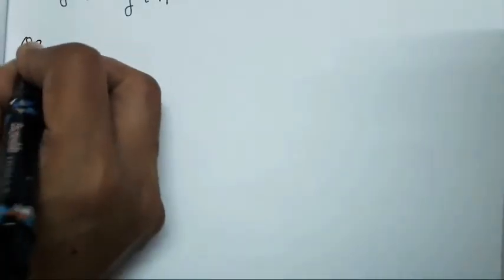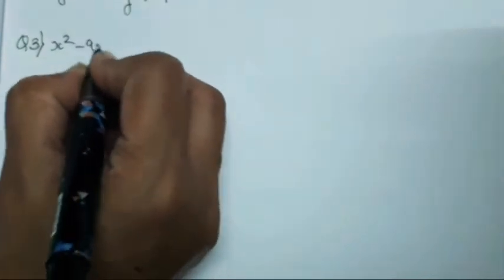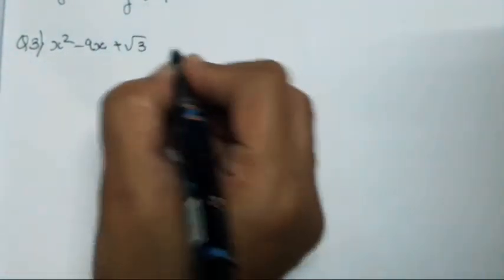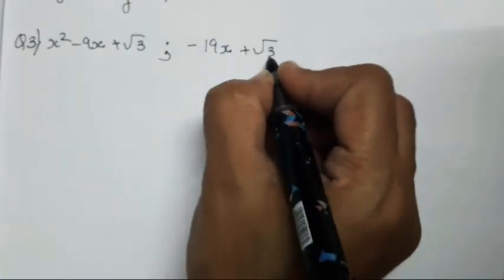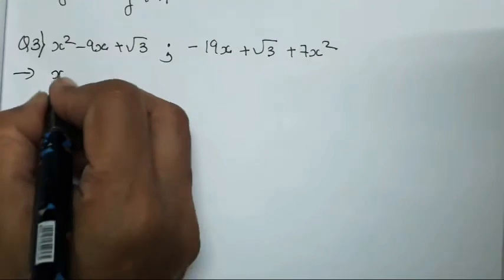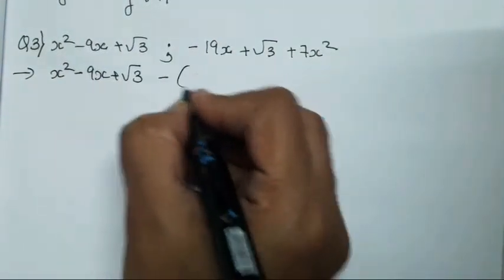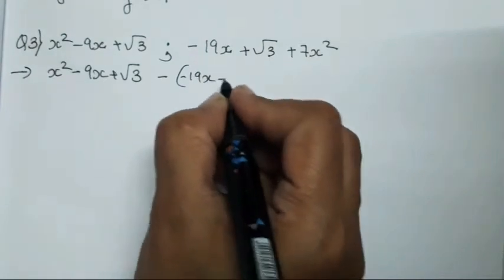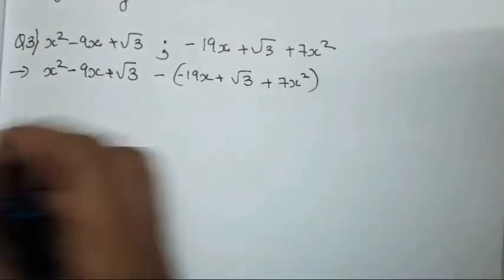Now we will solve question number 3rd, which is subtraction. So x square minus 9x plus root 3. Same steps you all have to do for subtraction also, nothing much. 7x square. So first we will write the given formation in the bracket plus root 3, adding a minus sign to it.